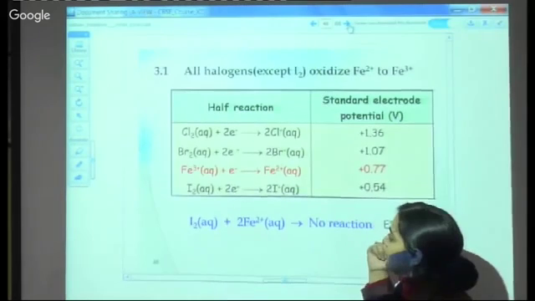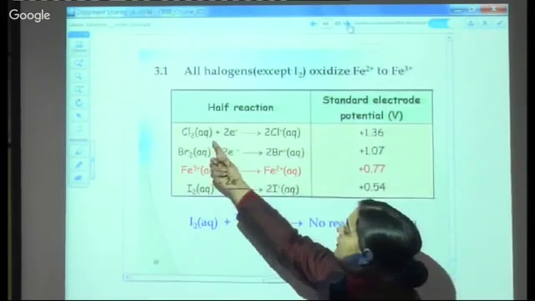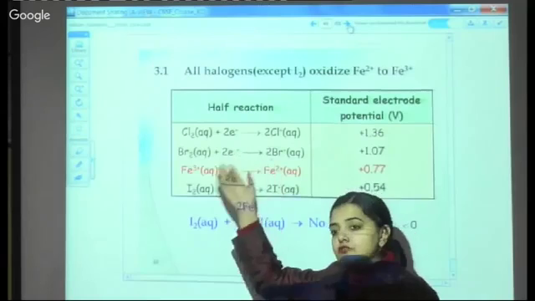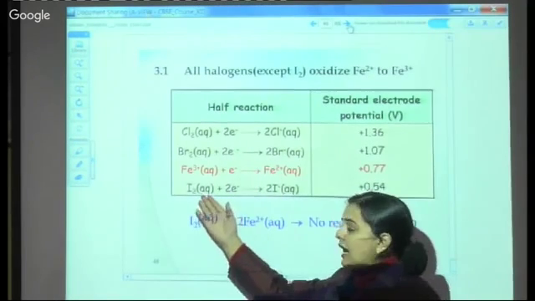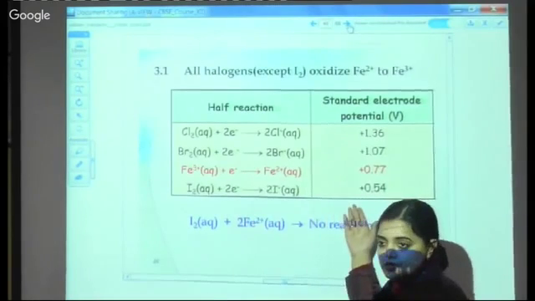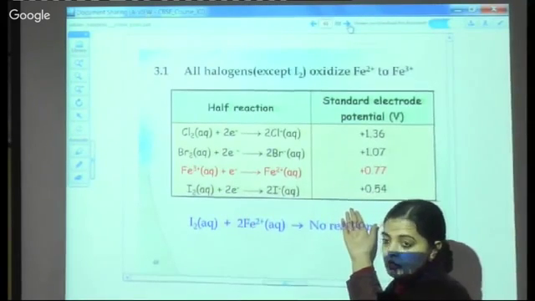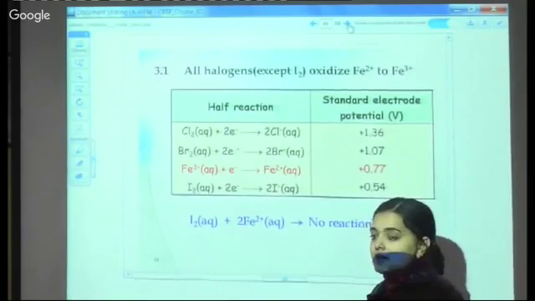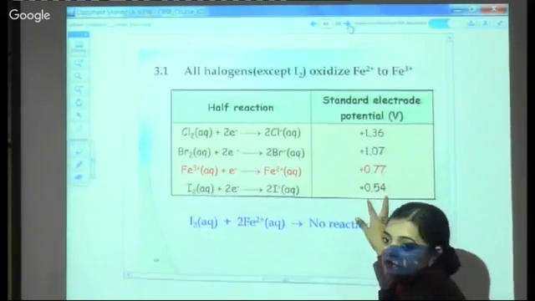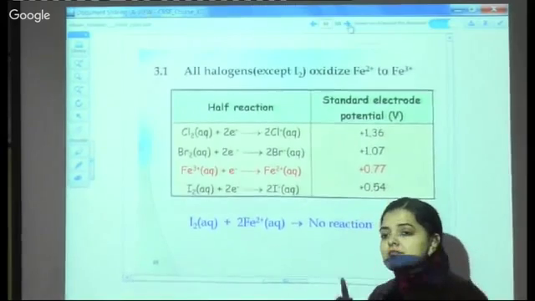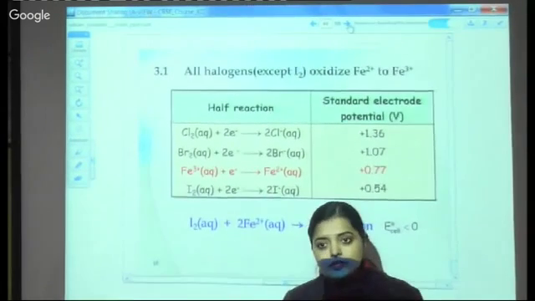Fine. You get to see here that chlorine, bromine and even fluorine can oxidize ferrous to ferric, but iodine cannot. Right? Though it's an oxidizing agent, the standard electrode potential lies above that of iodine. You must have studied this in your electrochemistry.